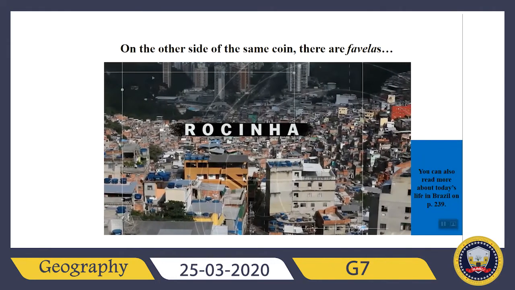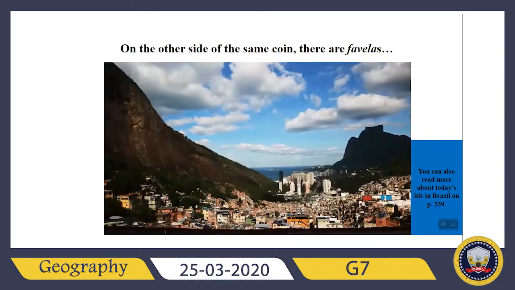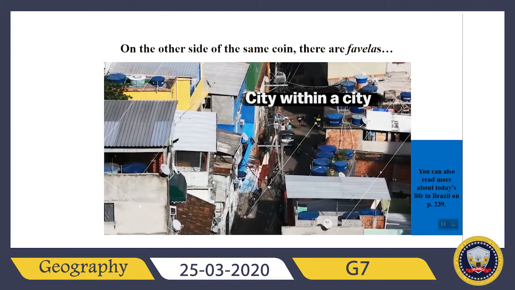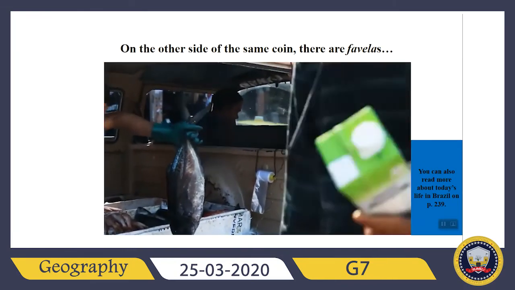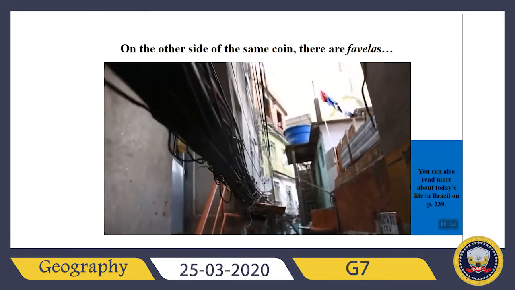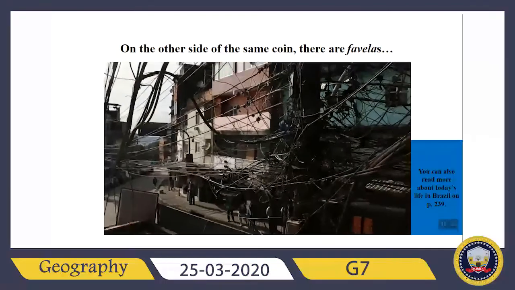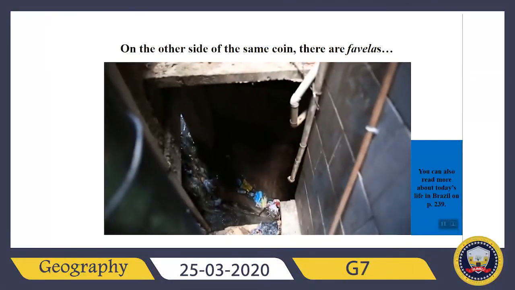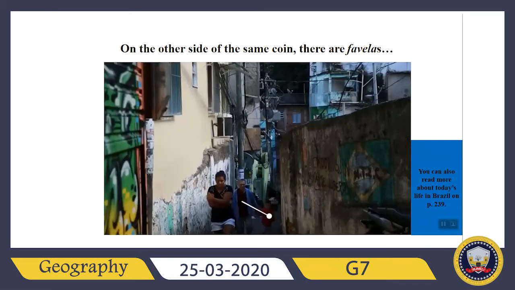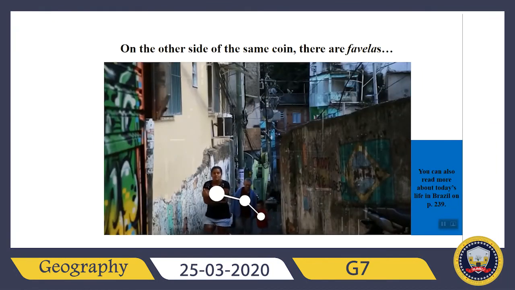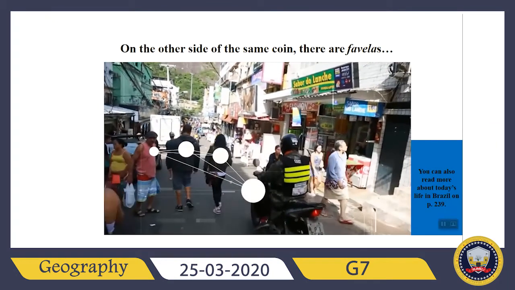This is Rocinha. It's Brazil's largest favela, and it has been dubbed a city within a city. It's a completely self-sufficient economy, the result of decades of makeshift solutions to basic needs like electricity and running water. Without a formal government presence, the residents of Rocinha created their own association, which helps coordinate public projects and resources.